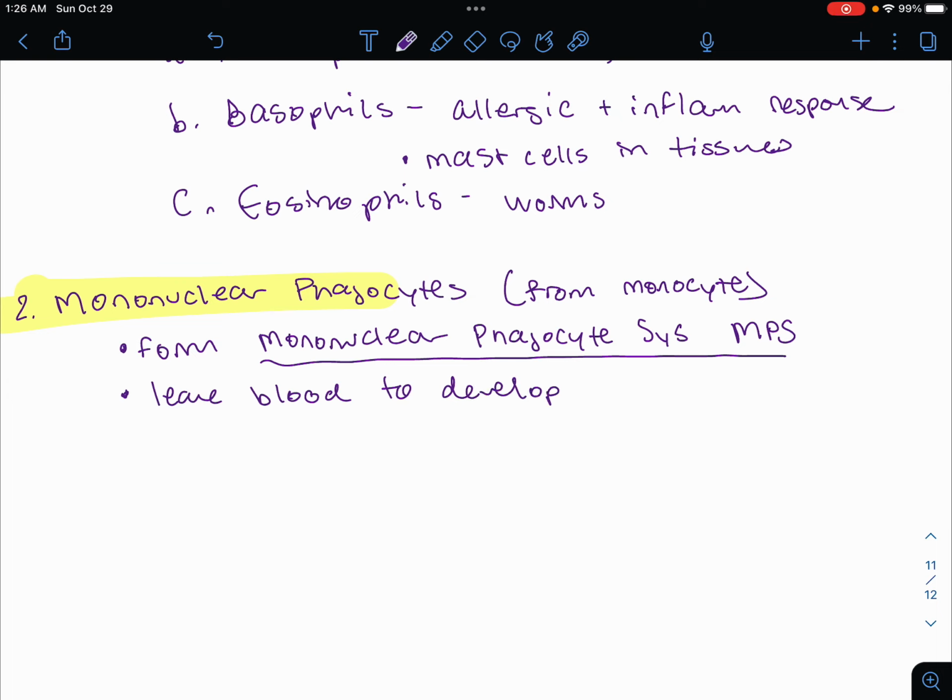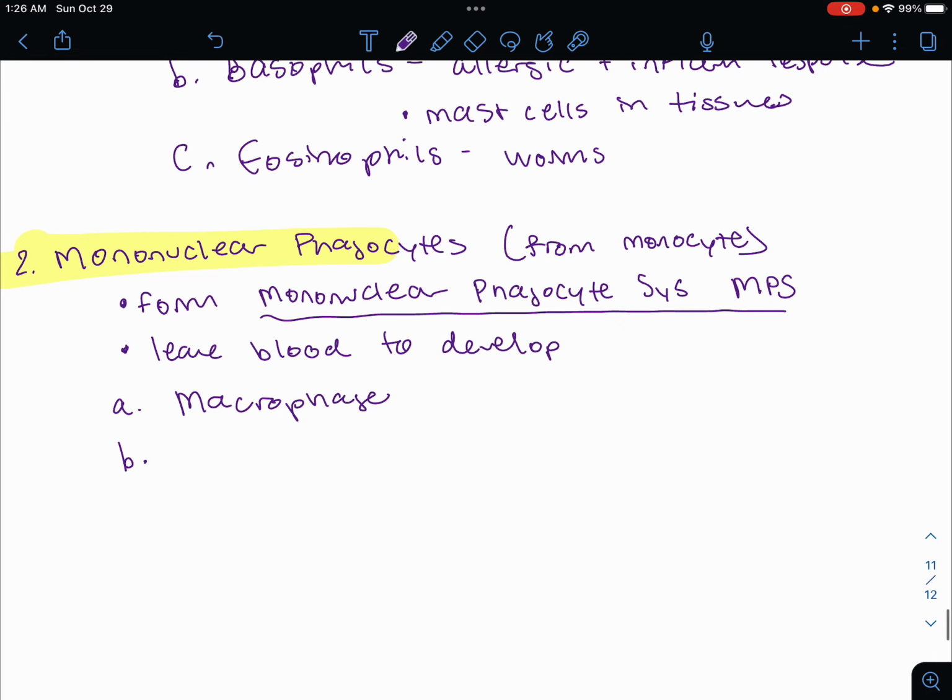All right, we have the macrophage, which we'll look into in much more detail later on. They're going to differentiate. And then we also have the dendritic cells.